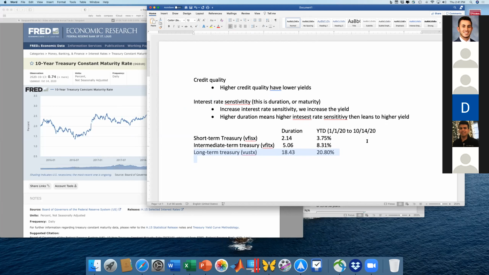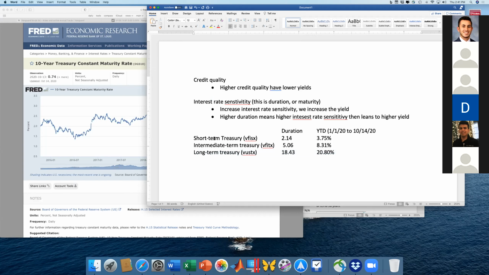This year, rates fell, prices rose. We had a capital gain. It rose the most for long-term treasuries, all right? Intermediate term treasuries had less of a capital gain than long-term, and short-term had less. That's why you see that.